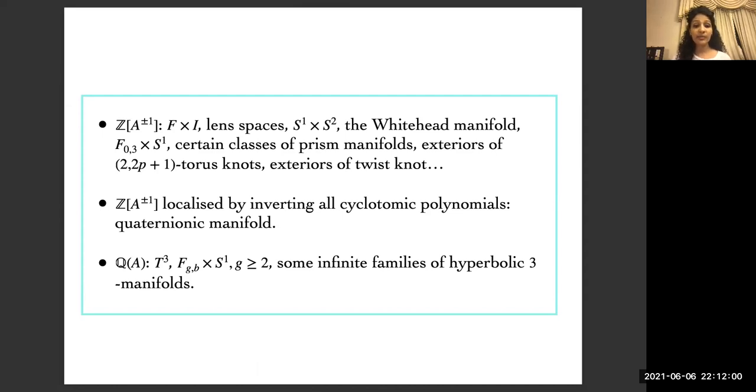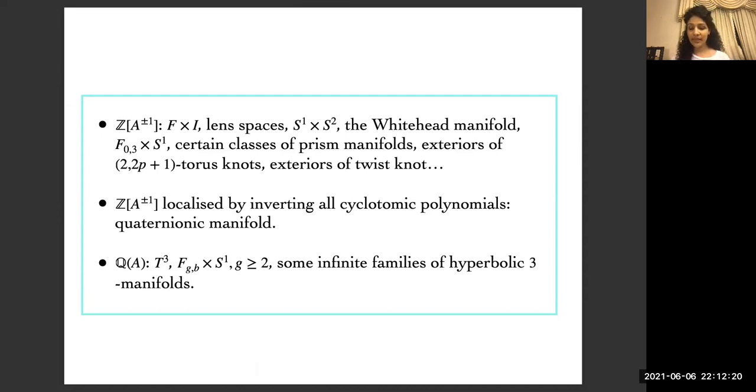Over the ring of Laurent polynomials localized by inverting all cyclotomic polynomials, the result is known for the quaternionic manifold. And over the field of rational functions, the KBSM has been computed for the 3-torus, for F_g times S1, and for certain infinite families of hyperbolic 3-manifolds.